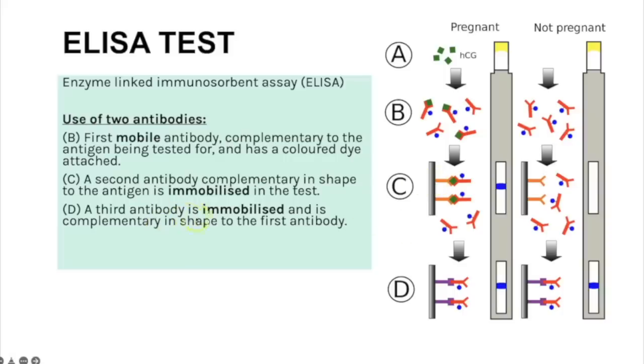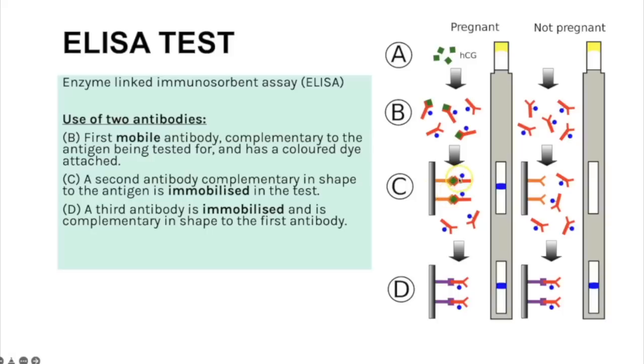There is then a third antibody, which is immobilized at point D, and it is complementary in shape to the first antibody. So if we think about this in terms of a pregnancy test, if you are pregnant, you contain the hormone HCG within your urine. That will then bind to the antibody, and any antibodies with the HCG hormone bound to it will then attach to the immobilized antibody at point C.